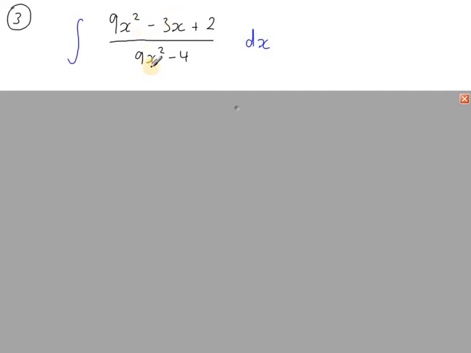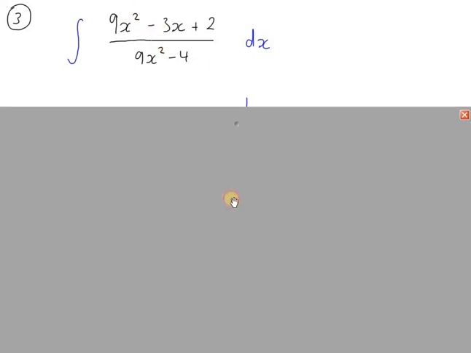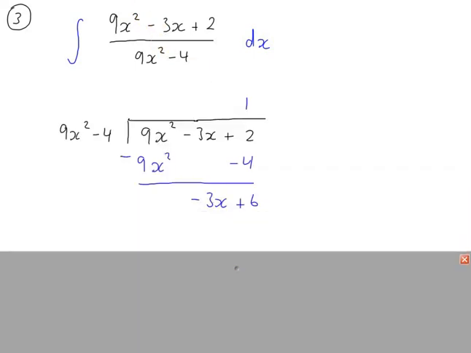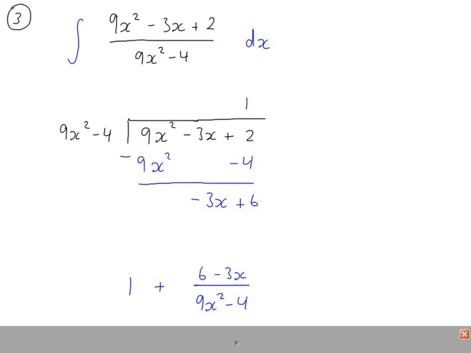However, they're both quadratic. The degree of the numerator is equal to the degree of the denominator. You've got x to the power of 2, degree 2, x to the power of 2, that's degree 2. They are the same, so some division first, and then rewriting this in a useful form where you've got the quotient here plus the remainder here divided by the divisor.